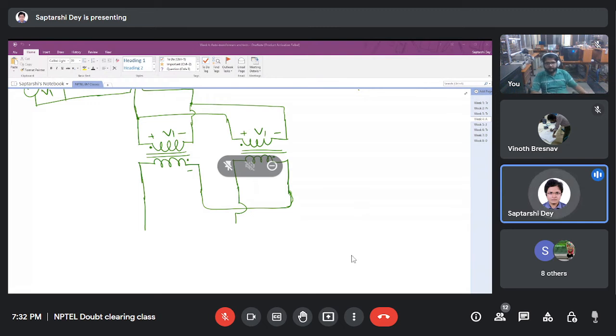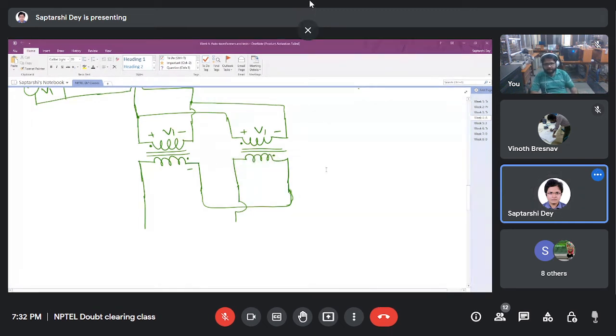So what we have here. What we do first is connect a voltmeter and see whether the voltage is 0, to make sure that we have connected the secondary in a proper fashion.